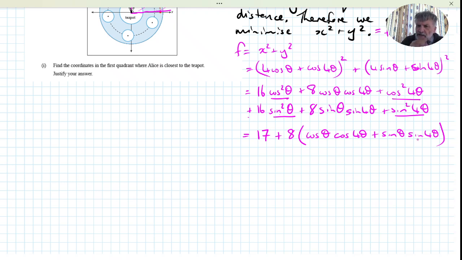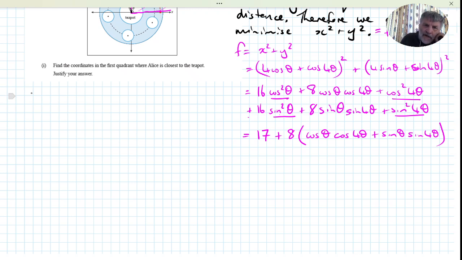We can do some simplification with this here. It's in your formula sheet, but it's interesting to see it derived.